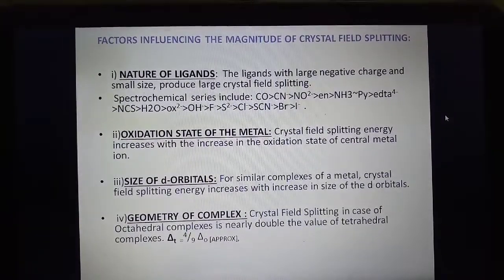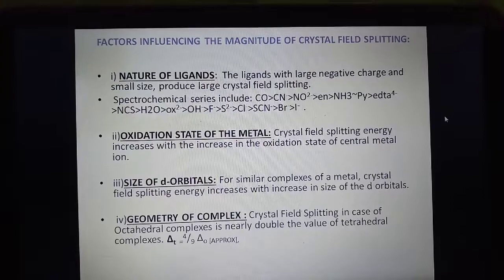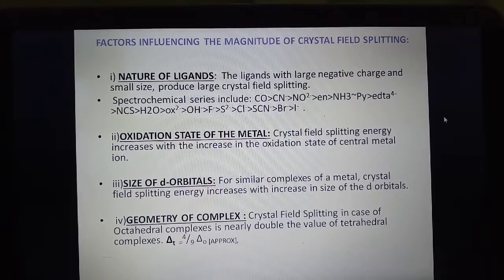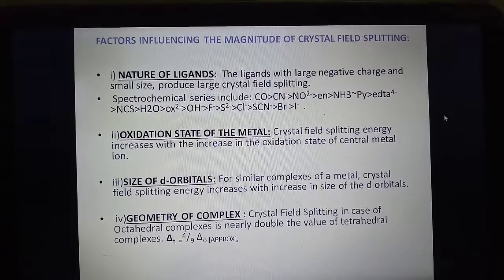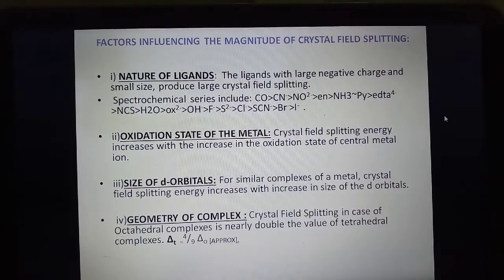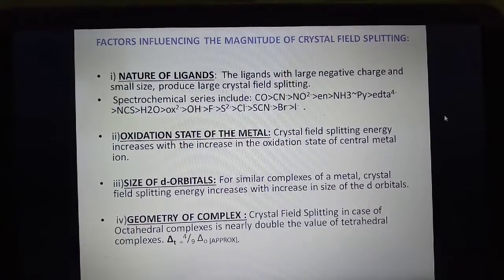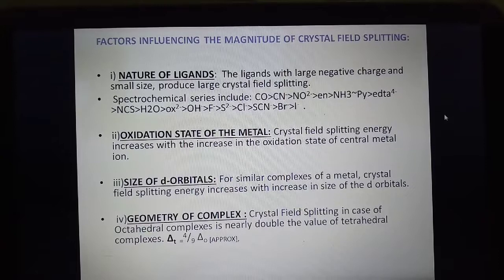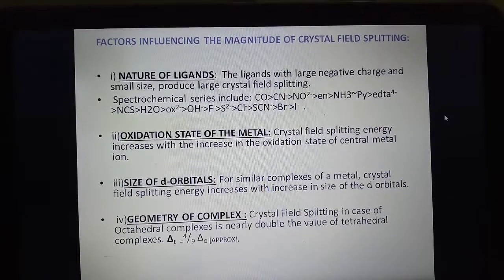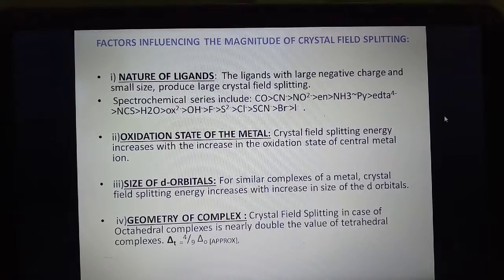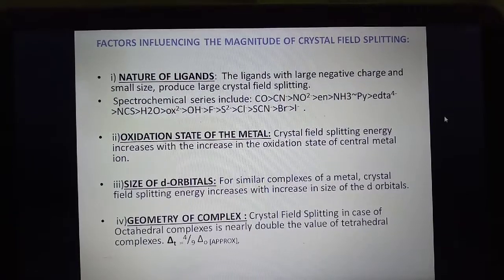So student, remember here the factors influencing the magnitude of the crystal field splitting. So what are responsible? First, the nature of the ligands. Ligands with large negative charge and small size produce large crystal field splitting.